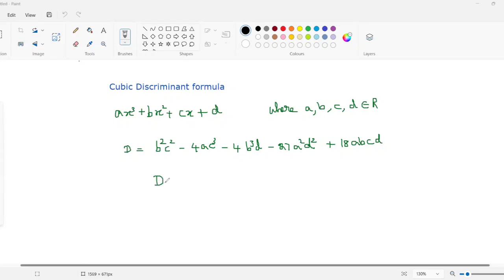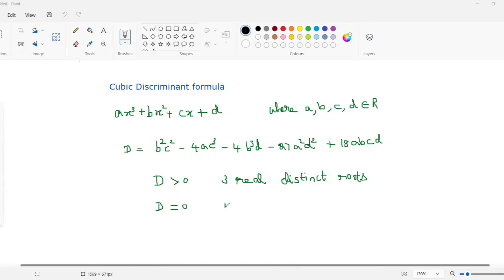After you substitute, if the discriminant value comes out to be greater than 0, you are going to have three real distinct roots. If the discriminant comes out to be equal to 0, then at least two roots are equal.